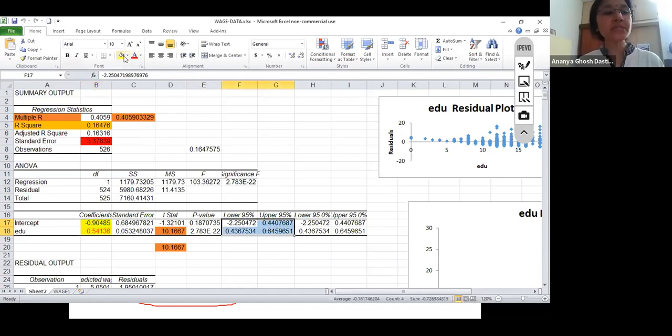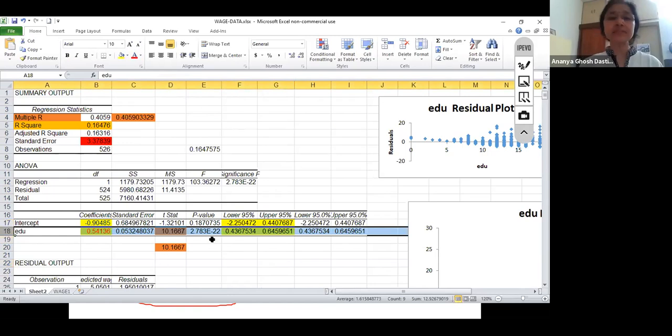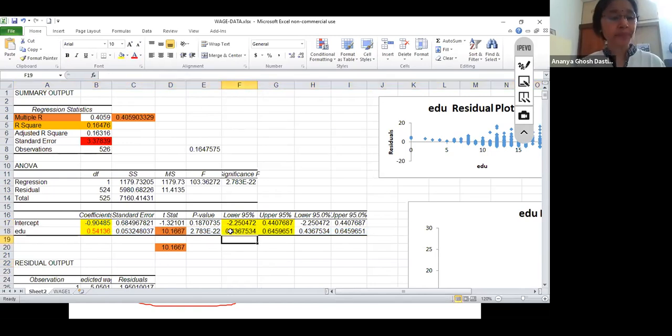So I have just highlighted this in yellow. Now you see there are these 4 numbers that have been highlighted, right? Let me start by talking about the confidence interval for education. So I'm just going to turn these letters red, okay?